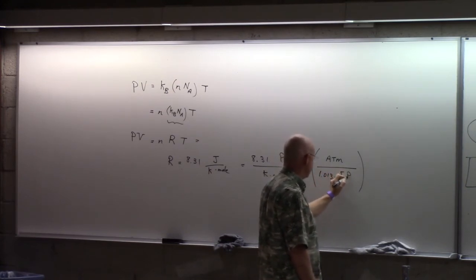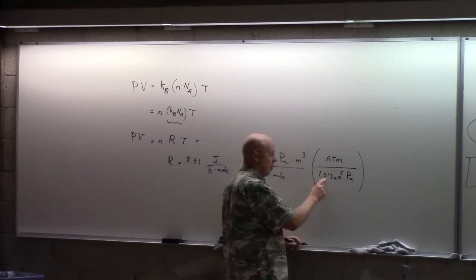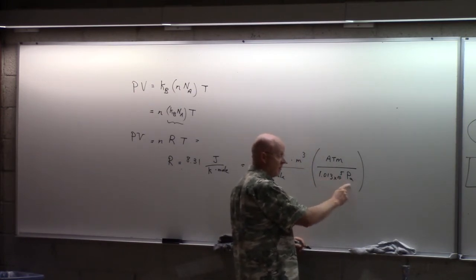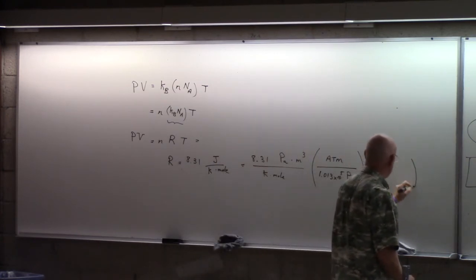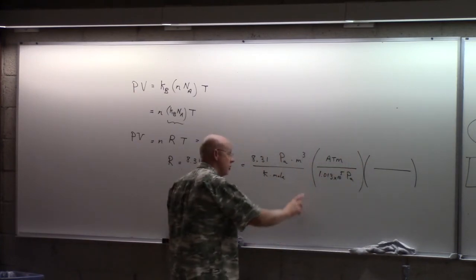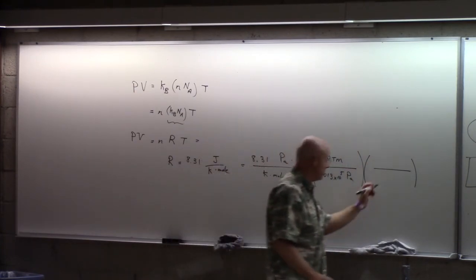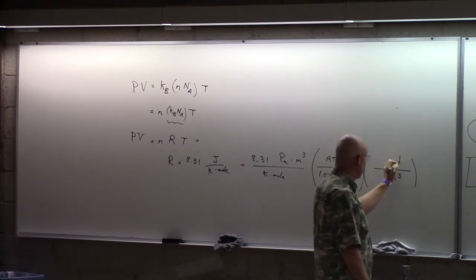And we said that 1 atmosphere was 1.013 times 10 to the 5 pascals. Also, I bet a lot of you measured not in cubic meters for your volume, but in liters.